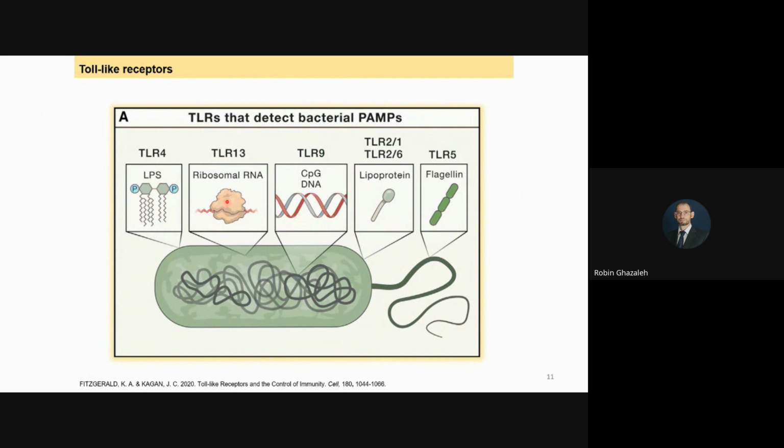You may be aware that the ribosome, which translates messenger RNA, is composed of dozens of unique proteins. It's an amazing machine. And in addition to proteins, there are some RNA molecules, ribosomal RNA. So we've got a toll-like receptor that can recognize those.